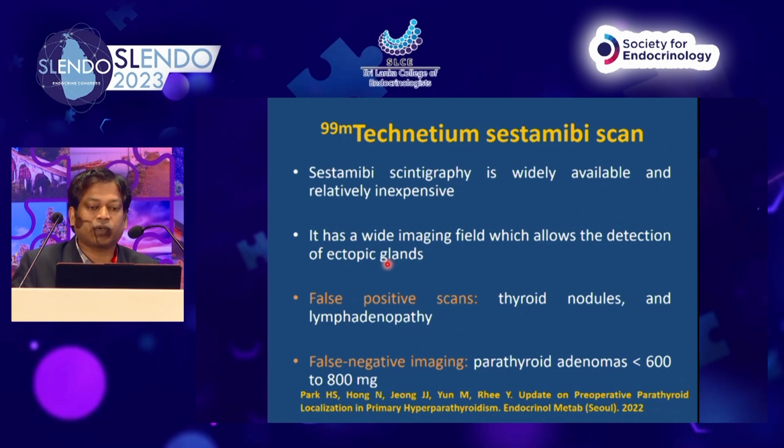Both ultrasound and MIBI are not sensitive enough to distinguish a parathyroid adenoma from the additional presence of thyroid nodules and lymphadenopathy. And similar to ultrasound, if the parathyroid tumors are small, less than 600 to 800 milligram, they can be missed.